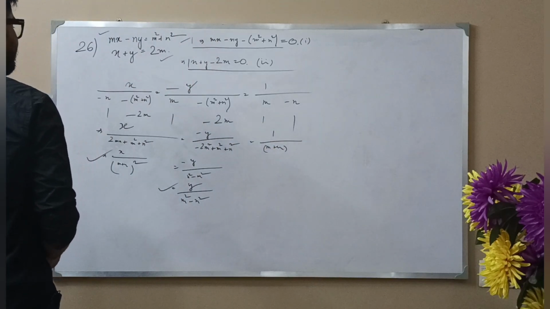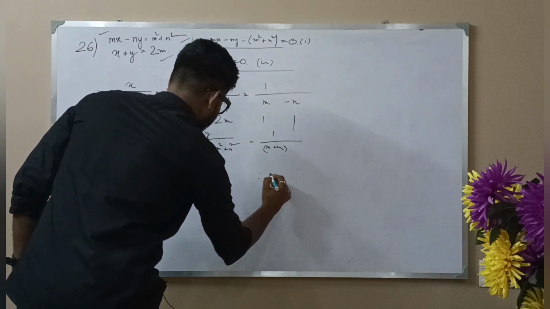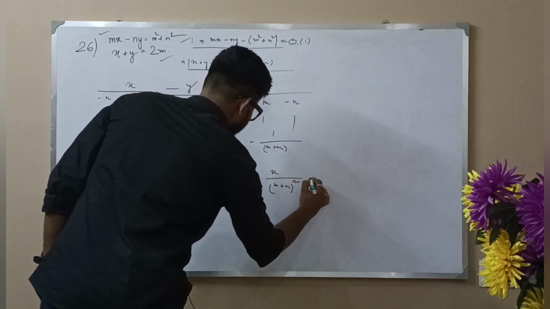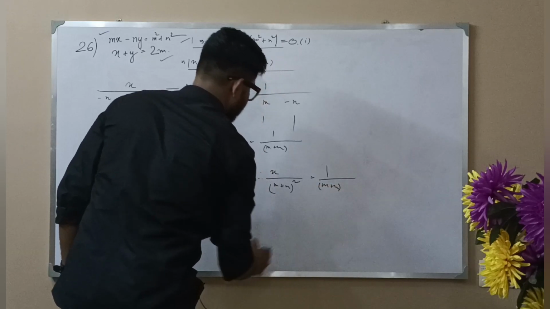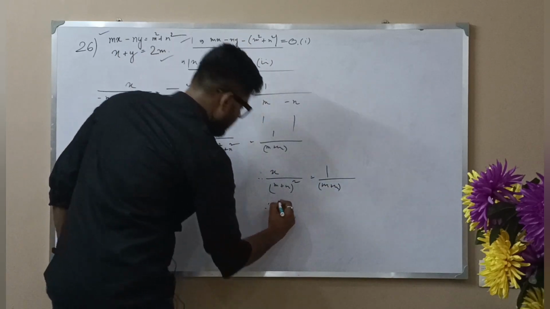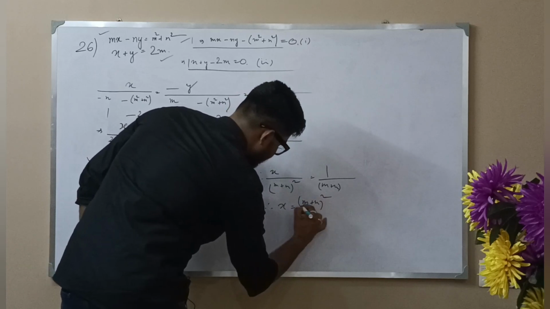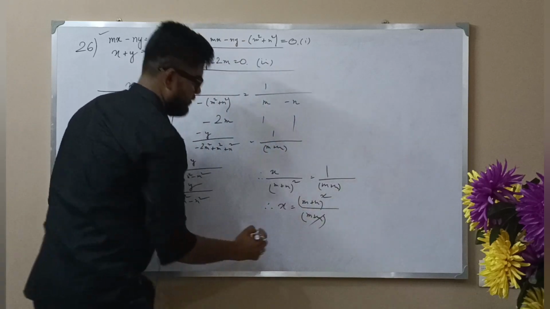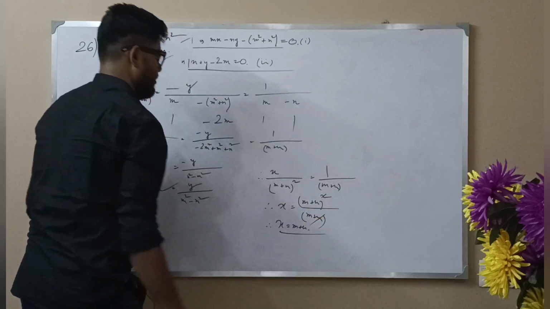So we'll find the value of x. Therefore x by m plus n whole square equals to 1 by m plus n. So the value of x is m plus n whole square by m plus n. So the value of x is m plus n.